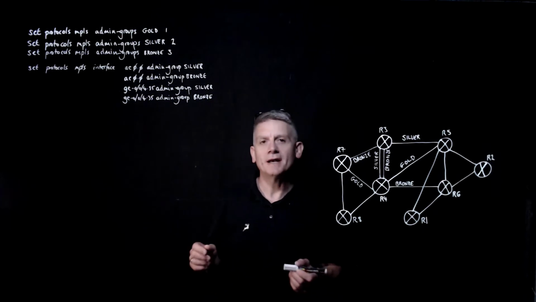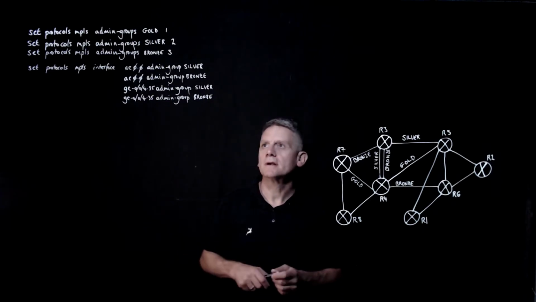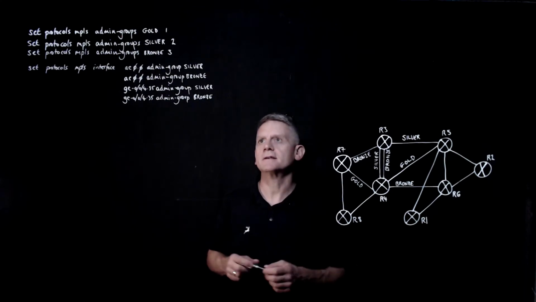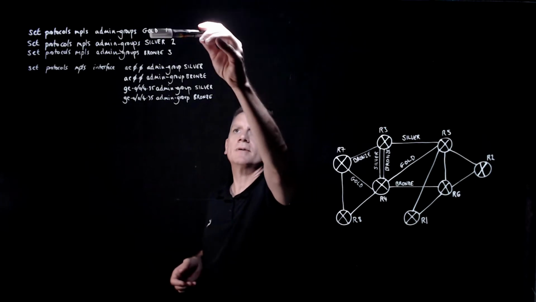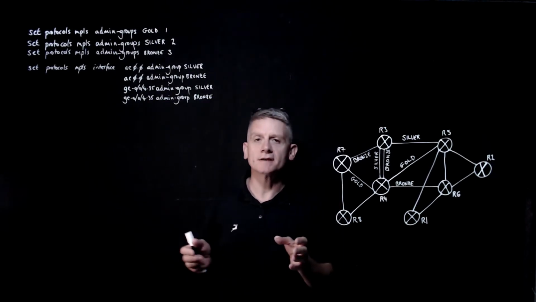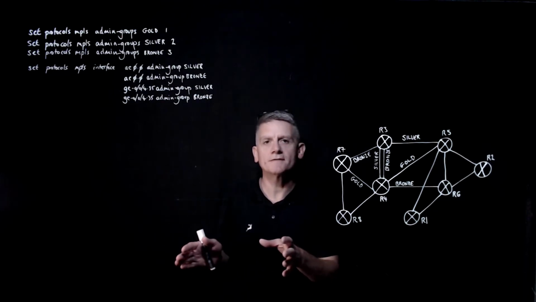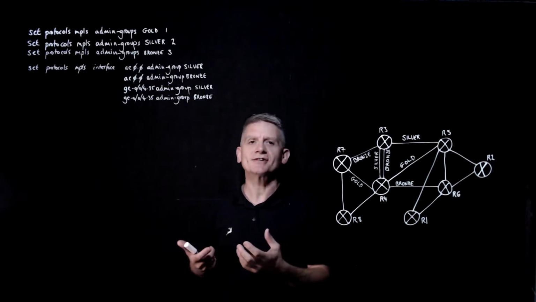Okay, so at the heart of RSVP is its ability to do admin groups. The admin groups get configured with effectively a color or a label, and here we have the affinity number. Now that affinity number is going to go into the constrained shortest path first database, so that has to match across the network.